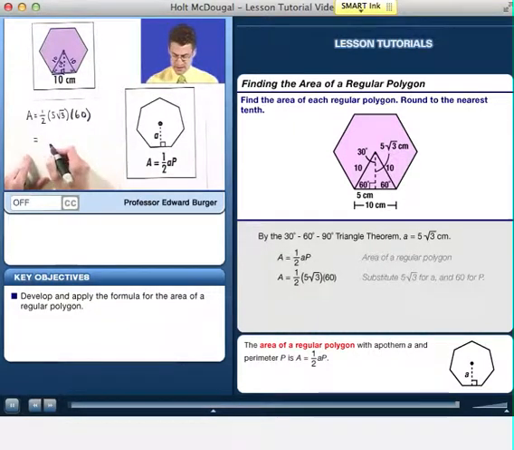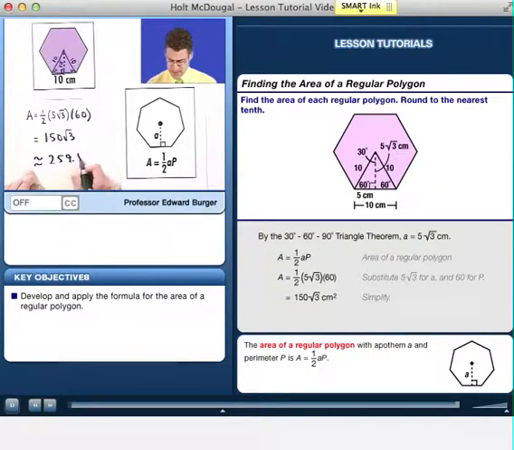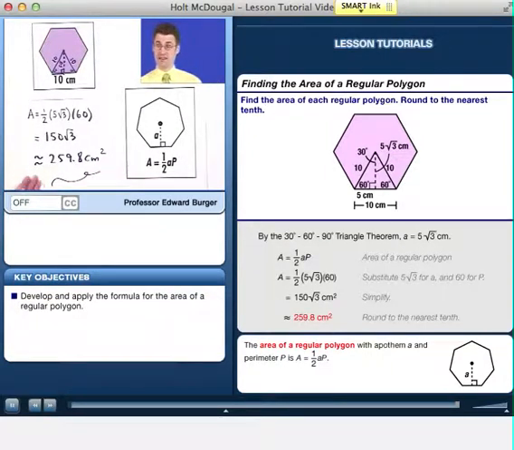And so 60 divided by 2 is 30. 30 times 5 is 150 square root of 3. That's the exact answer. If you plug that into a calculator to estimate, you see 259.8 centimeters squared. And so there we have a numerical estimate to the area of this cool thing.